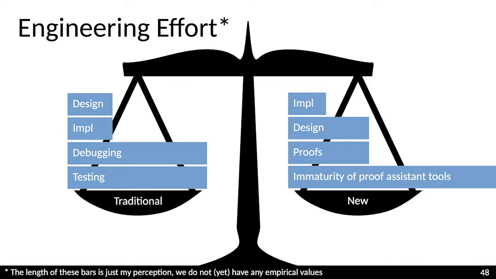And then there's also this proofs bar, where you have to think why your implementation really satisfies this interface. And then, at the bottom, there's a very long bar, which is so long that it runs over the slide at the moment. But I believe that there is nothing really fundamental which prevents this bar from becoming negligibly short, so that eventually this right-hand side of the balance will become lighter than the left-hand side.